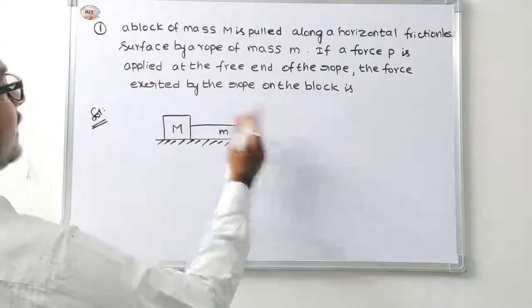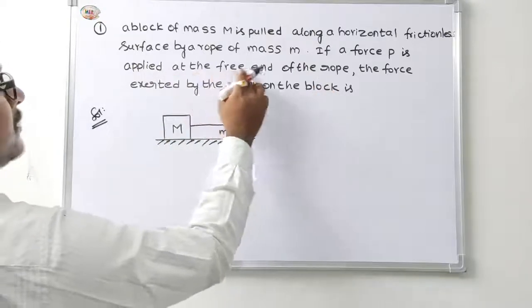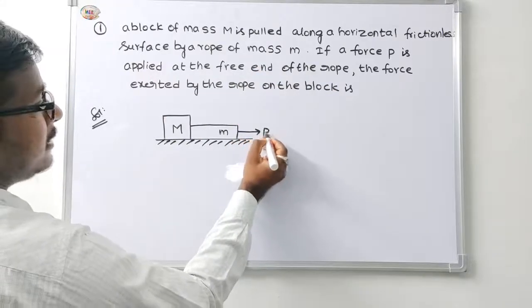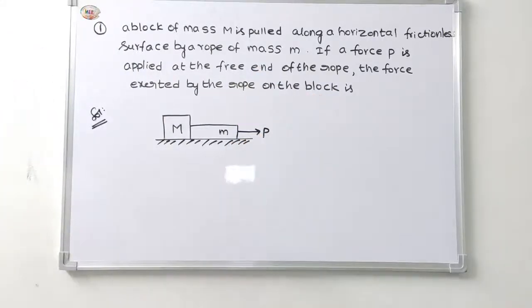If a force P is applied at the free end of the rope, the force applied is P. The force exerted by the rope on the block is.